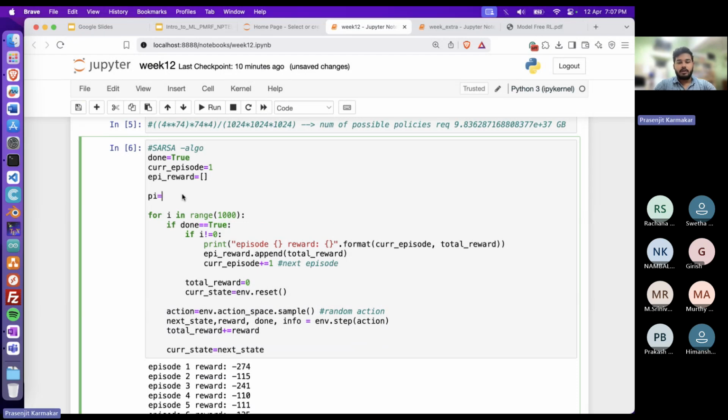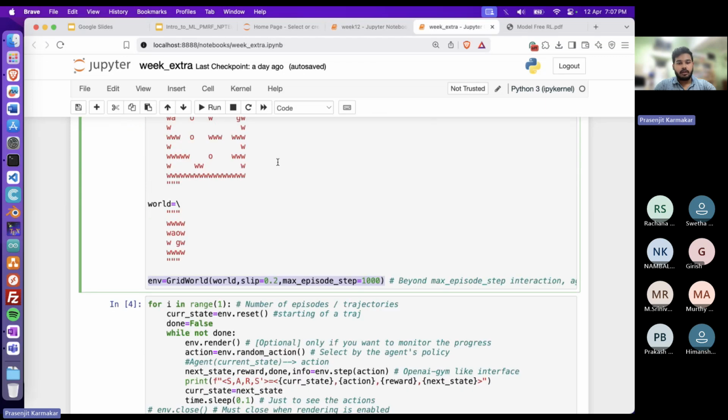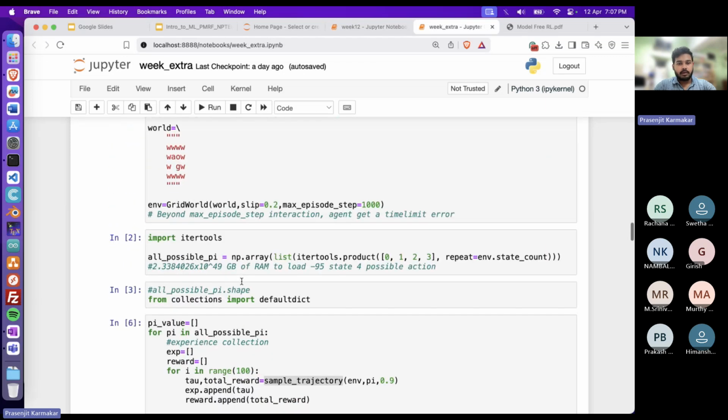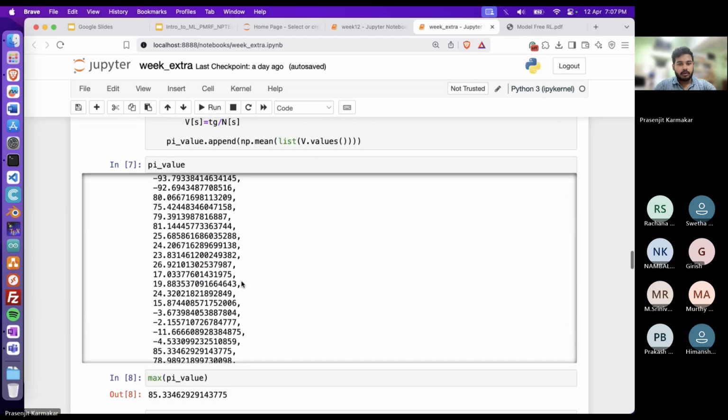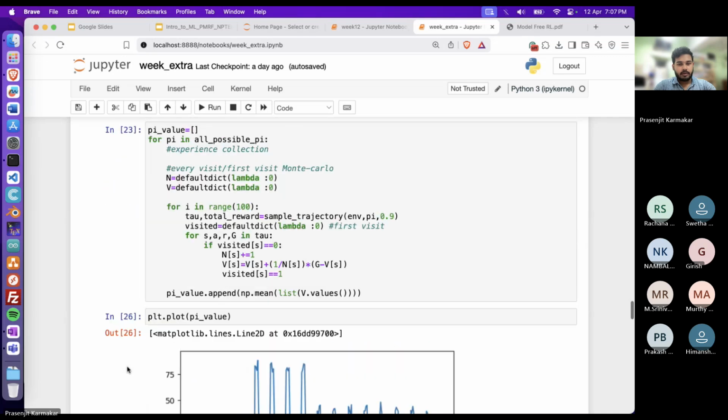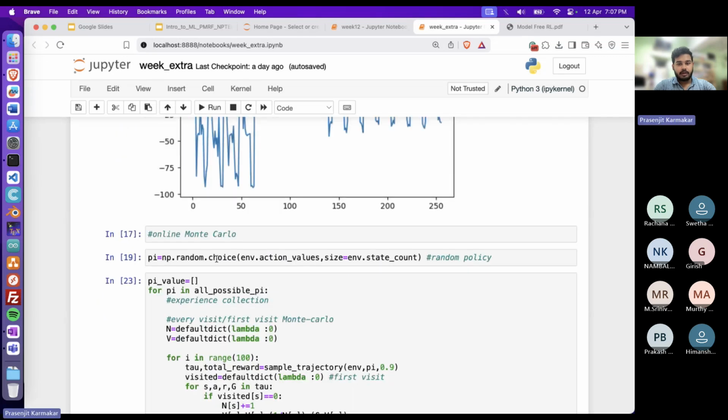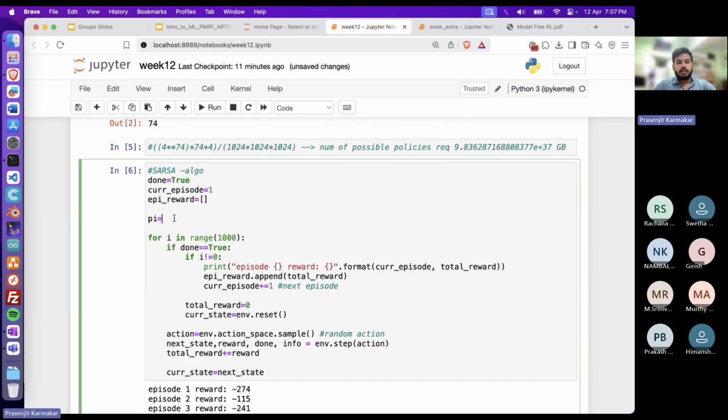Now let's start with a random policy. Pi is equal to... so how can we do random policy sampling? Here we just use random choice. So this is how we can do random policy sampling: basically for every state, take a random action from the action space.